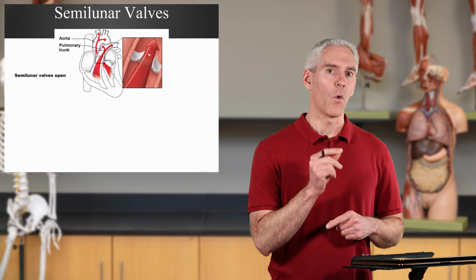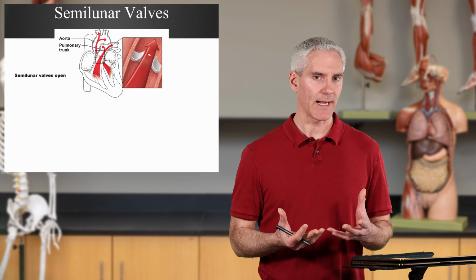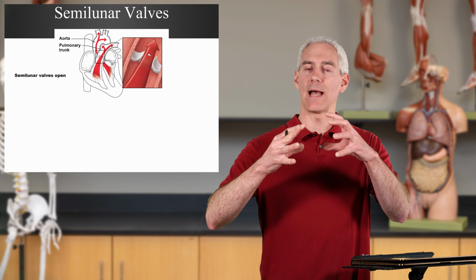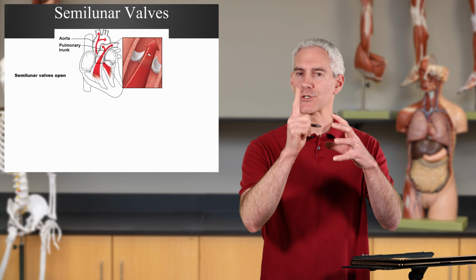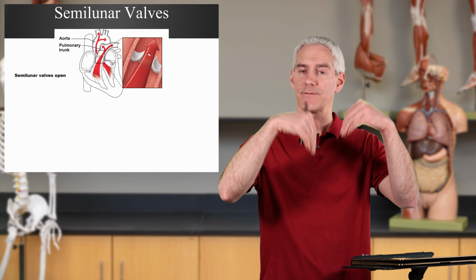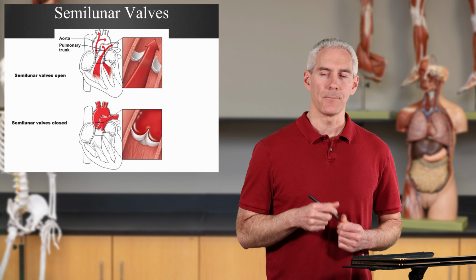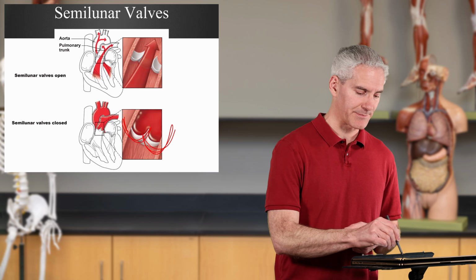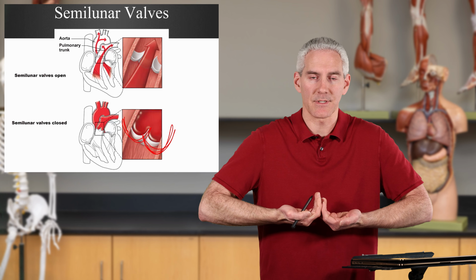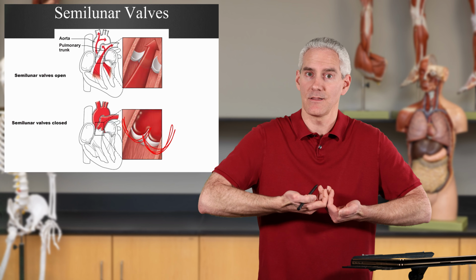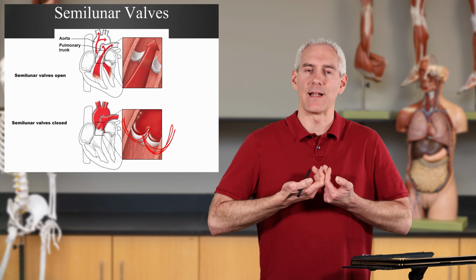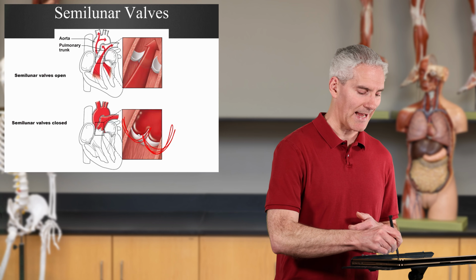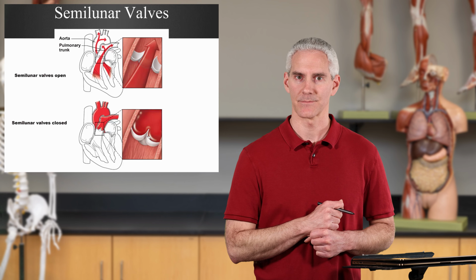But now, once the ventricle is done contracting and it starts to open back up, there's no more pressure pushing the blood up. So the blood wants to flow back down. But what happens is the blood is caught in these cusps. And because the cusps come close and hold each other, the blood can't go backwards. It prevents it from going back into the actual ventricles themselves.